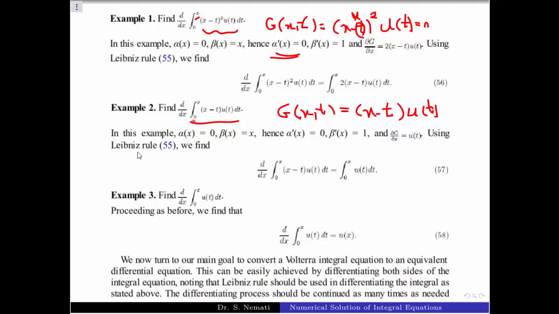It is completely clear that alpha of x is 0 and beta of x is x. So alpha prime will be 0 and beta prime will be 1.